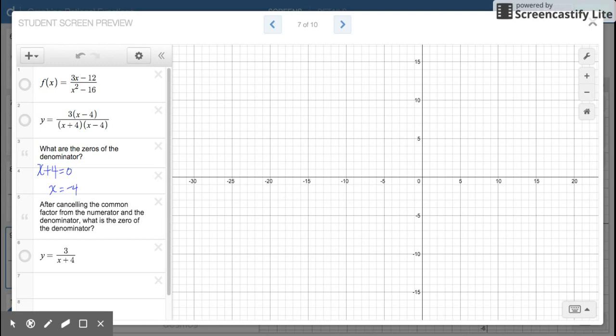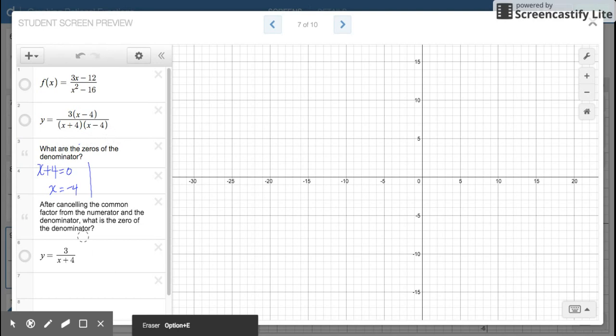This tells us that negative 4 will make the denominator 0. So if I plug in negative 4 here plus 4, that's going to give us 0 times negative 4 minus 4, which is negative 8. Negative 8 times 0 is going to give us 0. So negative 4 makes the denominator 0.